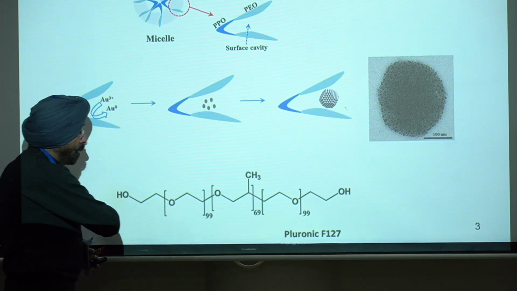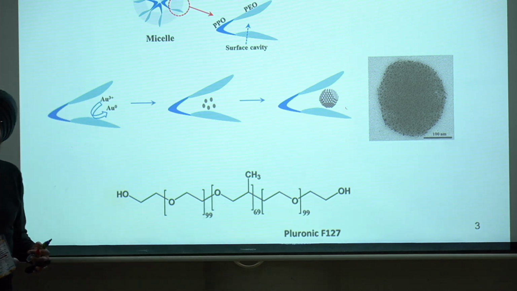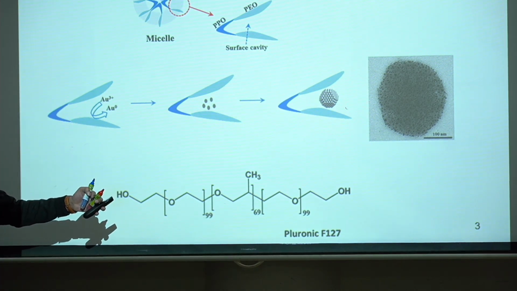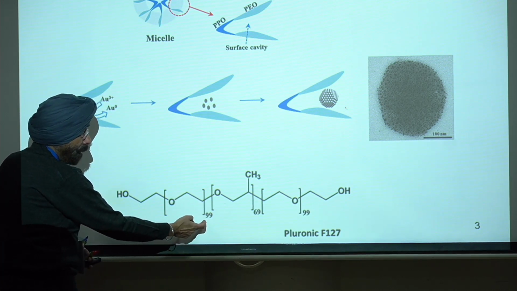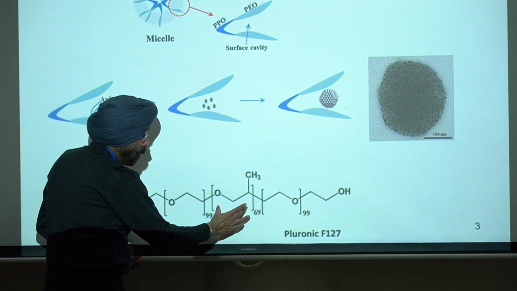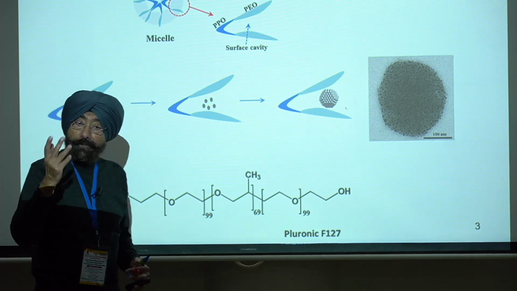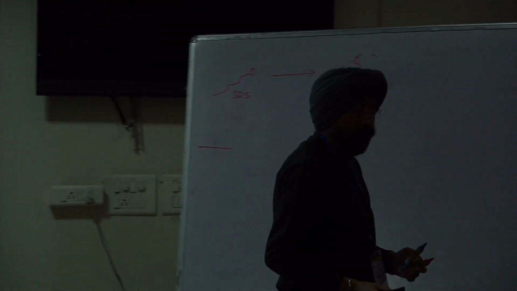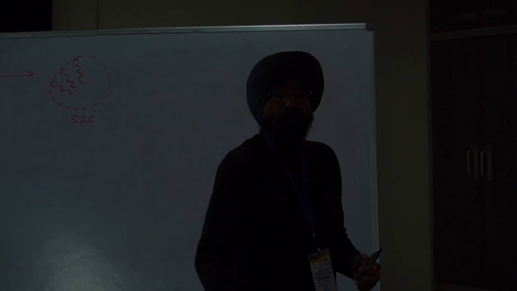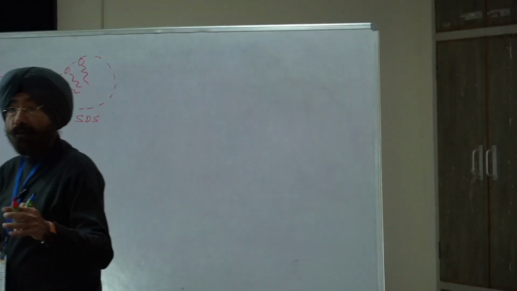So you could see that this entire molecule is in the form of a very long chain where these fragments are repeating 99 times, where the polypropylene oxide is repeating 69 times. Such a molecule or polymer is known as a block polymer.